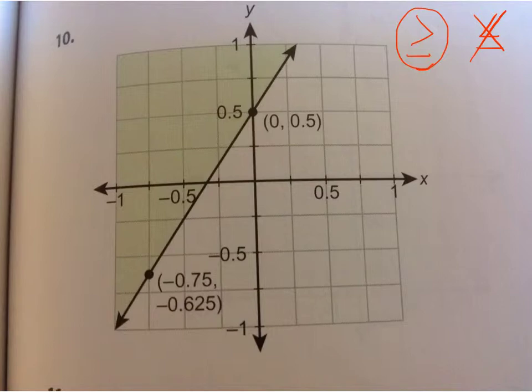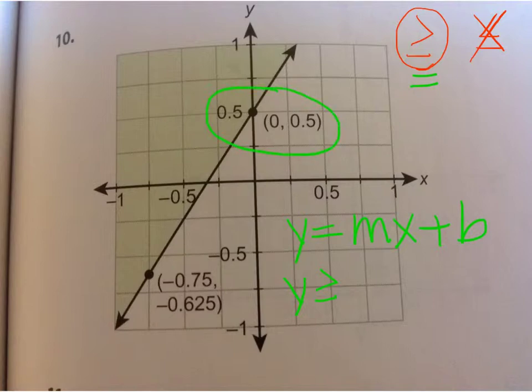And we start off with the Slope-Intercept Form. So y, and it would be greater than or equal to, that we got from up here, plus b.